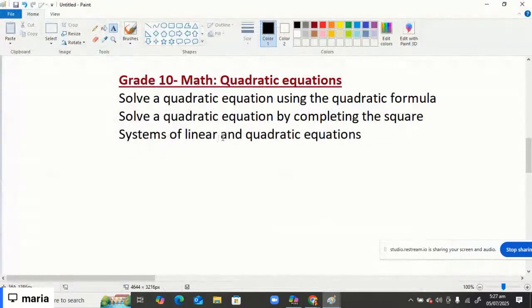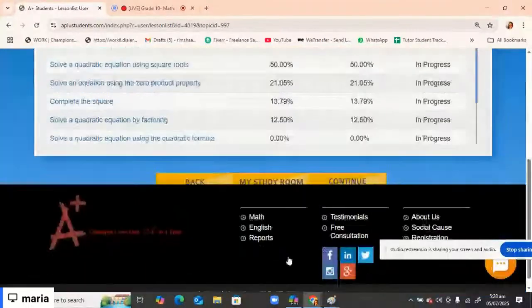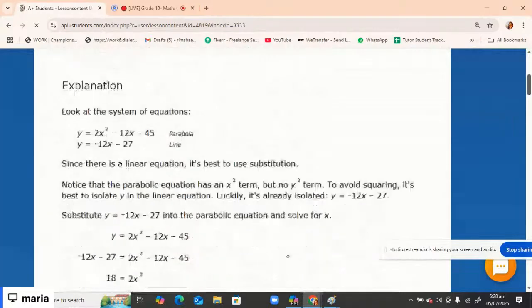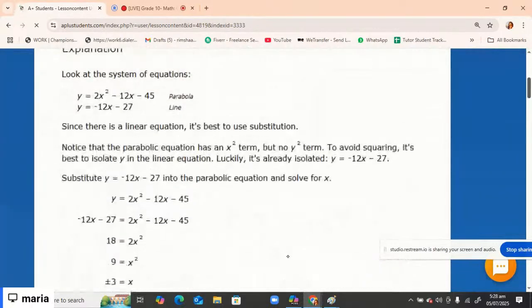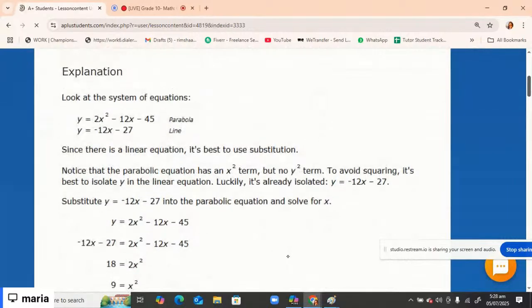So the lesson is systems of linear and quadratic equations. Solve the system of equations. Two equations are given. Y is equal to 2x square minus 12x minus 45.